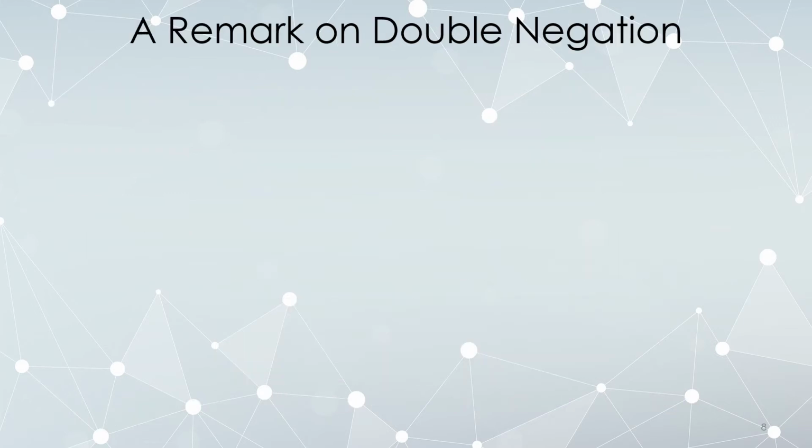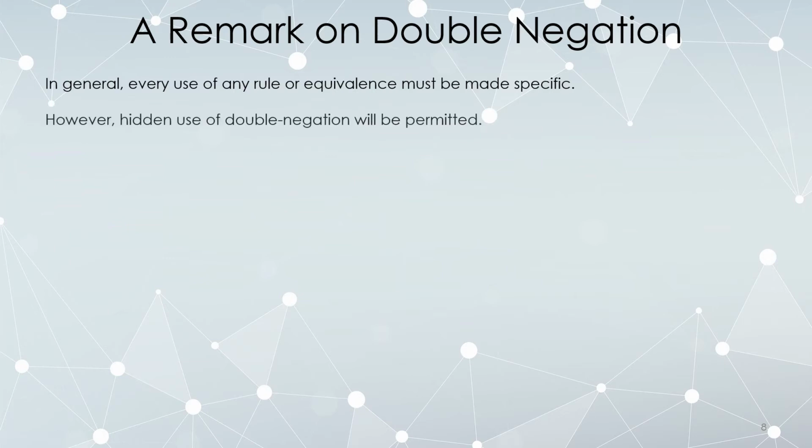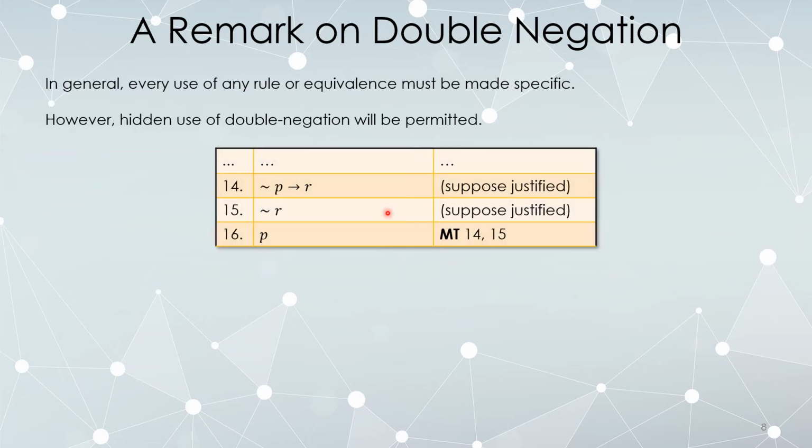Let's make a remark on double negation. Usually, anytime you use a rule of inference or a logical equivalence, you have to be extremely specific about it. But we're going to allow double negation to be buried as a line that you don't necessarily do by itself. So for example, suppose you already had the line not P implies R, and you have not R, and you want to apply modus tollens. You have a conditional statement and a negation of the conclusion.